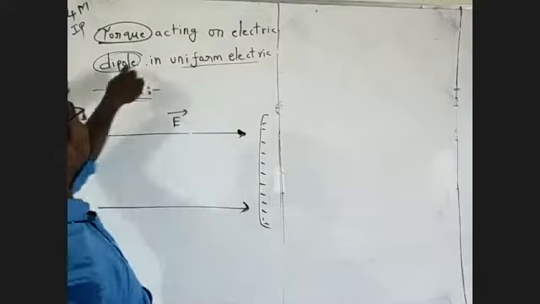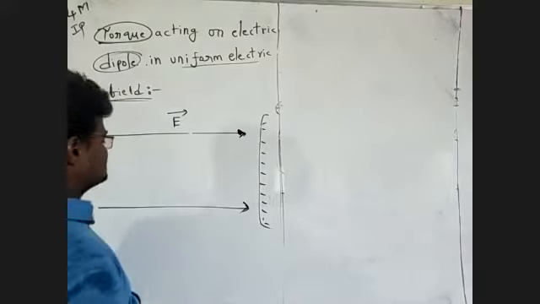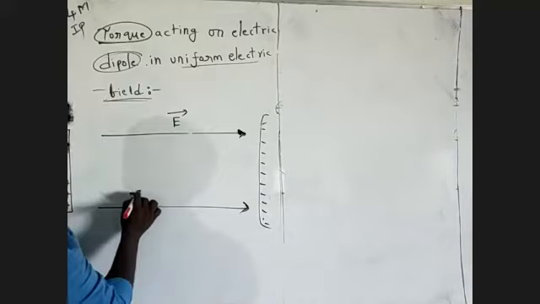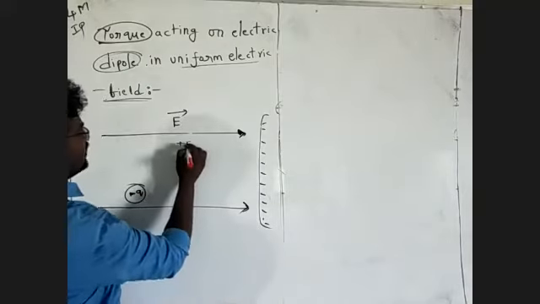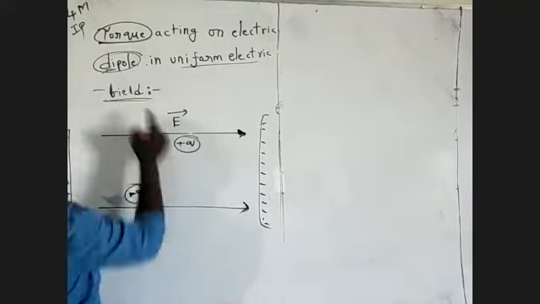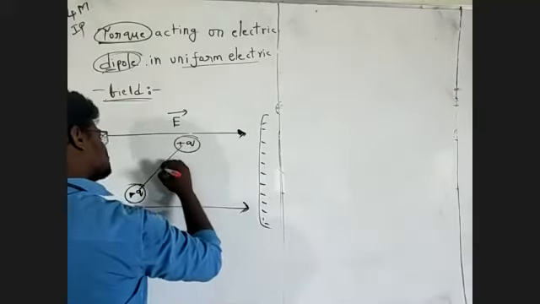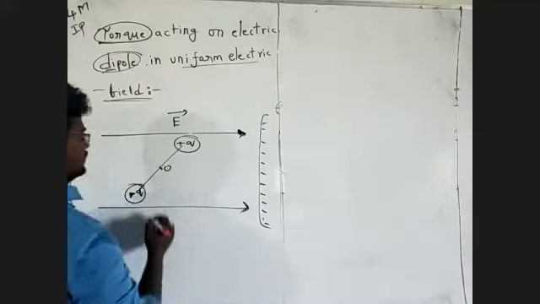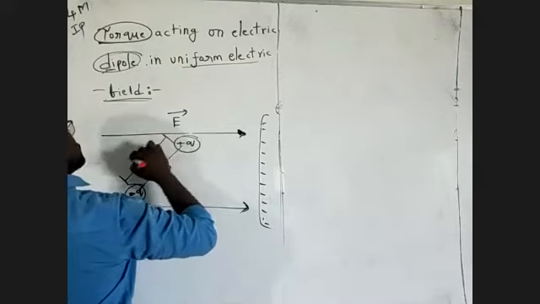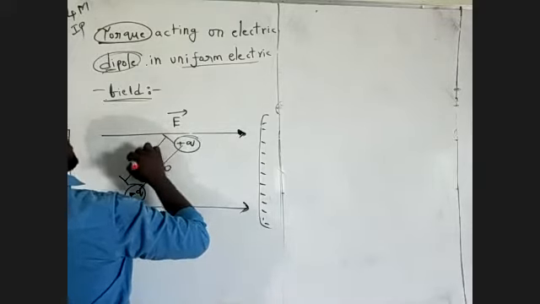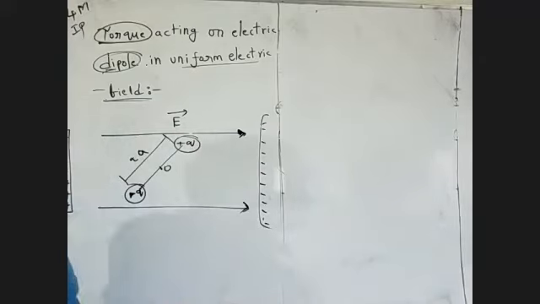Next, an electric dipole means this is a negative charge and this is a positive charge. Di means 2. This is the center of the dipole. The distance between the two charges is 2a.